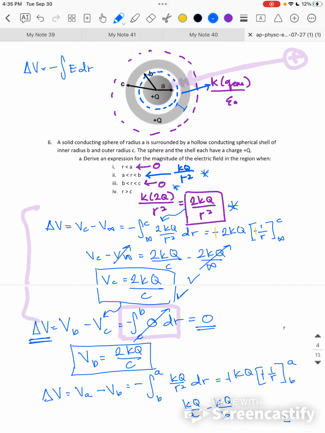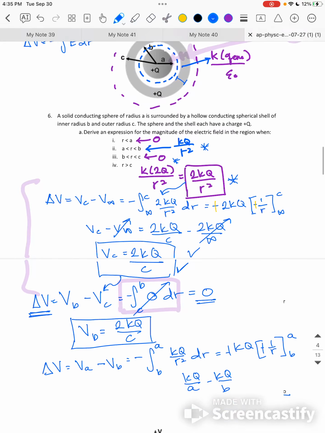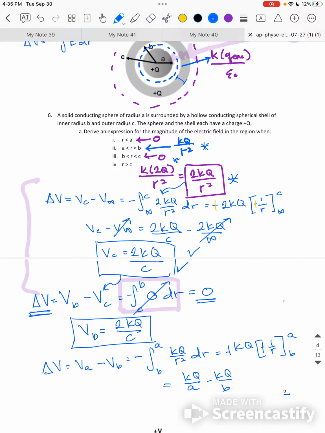Now, a lot of students want to say, okay, that's my final answer. And it's actually not. The reason why is because this is still equal to VA minus VB. I need to plug in VB here, 2kQ over C, to solve for VA.